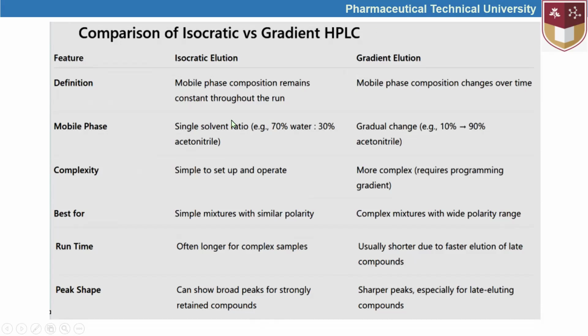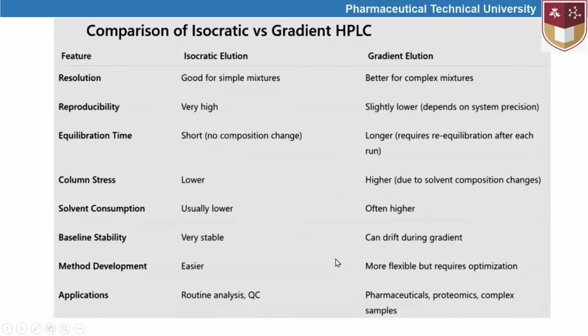Peak shape in isocratic is kind of broad, and in gradient we can witness sharp peaks, especially for late eluting compounds. The resolution in isocratic is good for simple mixtures, and gradient is better for complex mixtures. Reproducibility of isocratic elution is easier, that's why it is higher, and the reproducibility of gradient elution is a bit more complex and slightly lower.